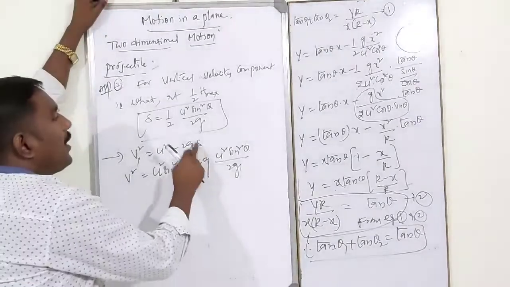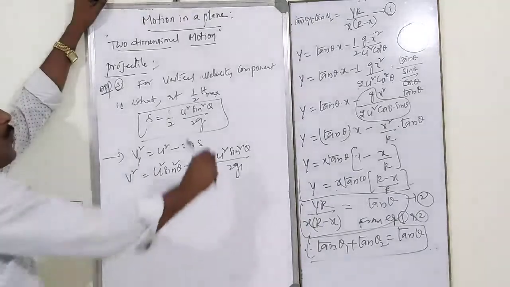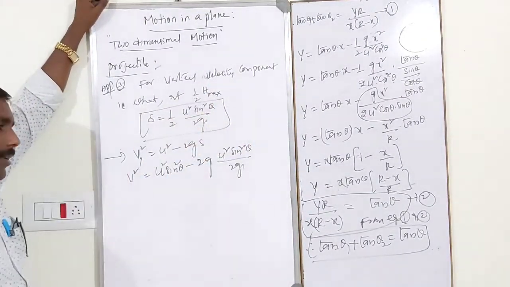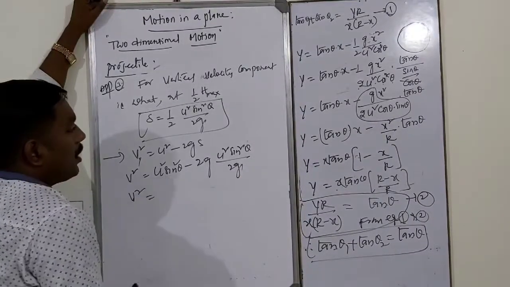What is the value of s? Half of the maximum height, that is u square sin square theta by 2g times 1 by 2. What is the vertical velocity component at half of the maximum height? So v square is equal to what?